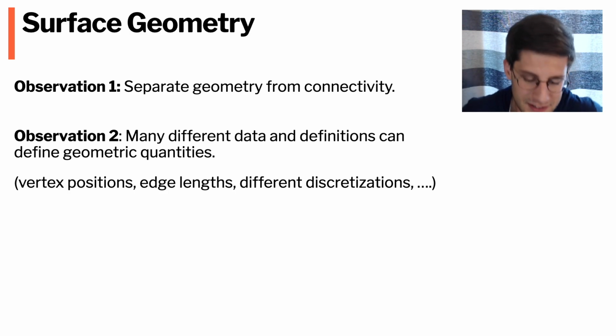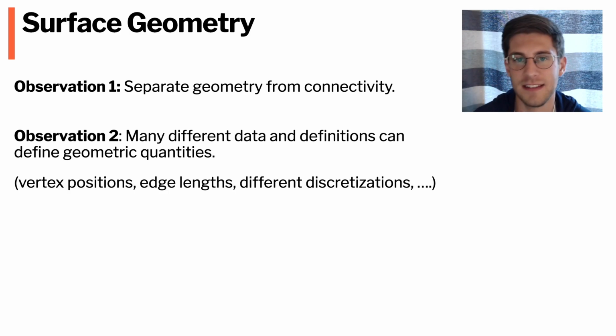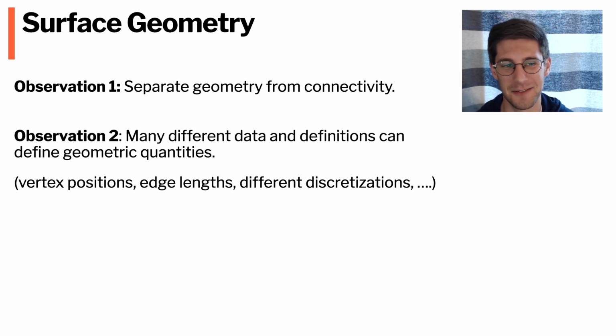Our other observation is that there are lots of different ways to define quantities and to define data that might give you the geometry of a surface. And I think this is actually something we see a lot of at SGP, so there's a lot of awesome papers where somebody might come up with a new representation for, say, the hyperbolic geometry of a surface, or a little bit more concretely, a new discretization of Gaussian curvature on a surface.